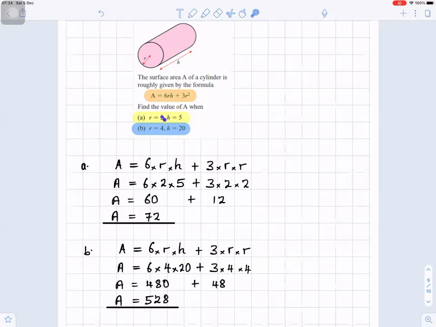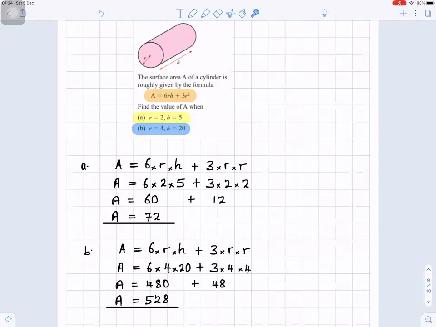And R is 2 there. So substituting the value for 2, and you put that in your calculator, 6 × 2 × 5 is 60. 3 × 2 × 2 is 12. And you add 60 plus 12, and that gives you 72.